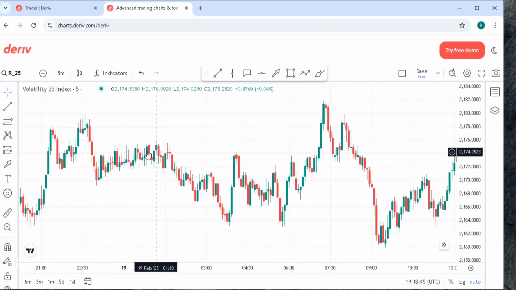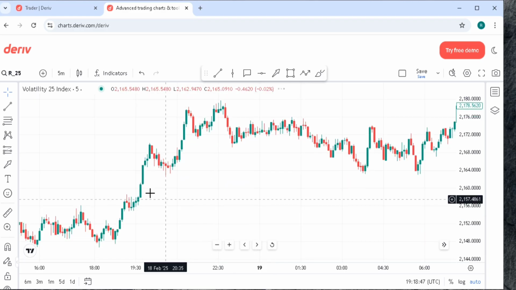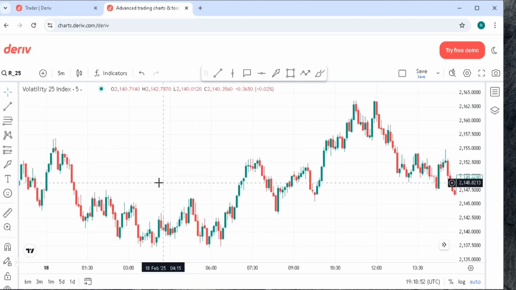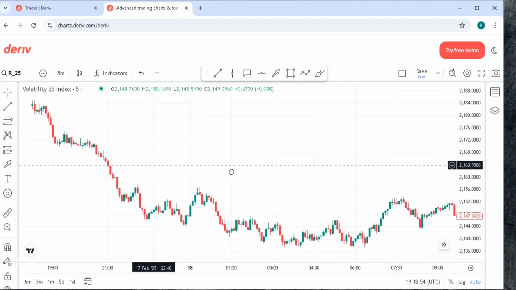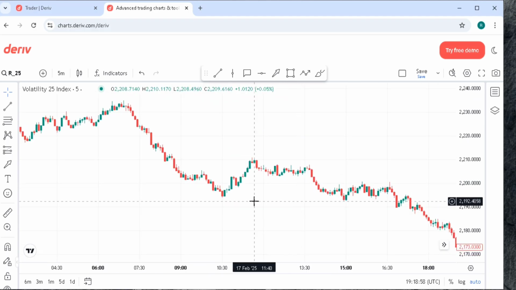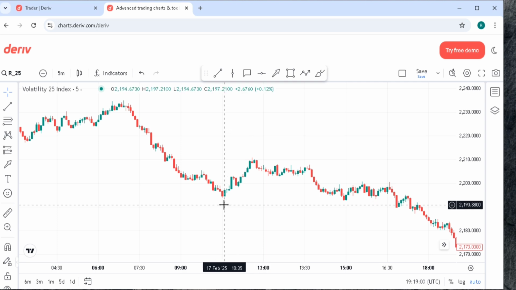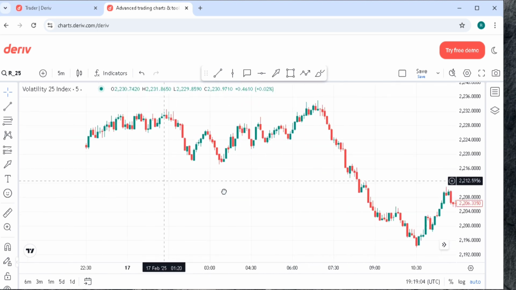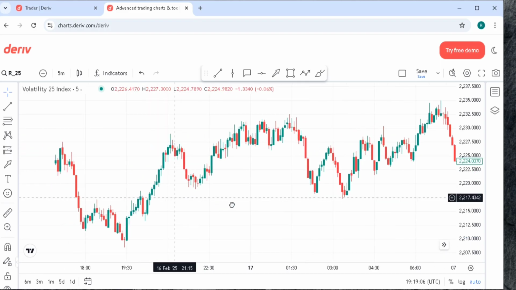So practice this, and I'm telling you that this one is among the best candle patterns. You can master these kinds of patterns, especially the ones that you have already looked at, whether it is the engulfing patterns, the dark cloud cover, the piercing line, the morning and the evening star.